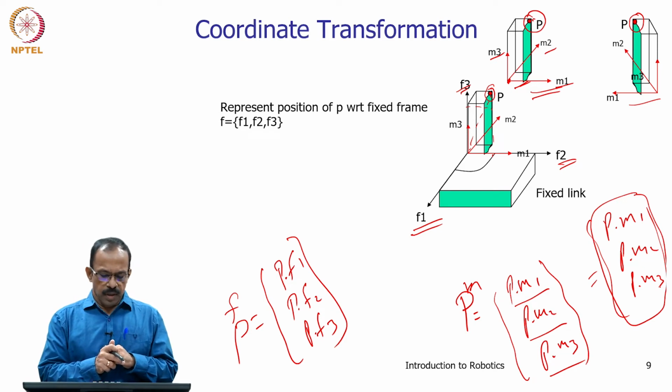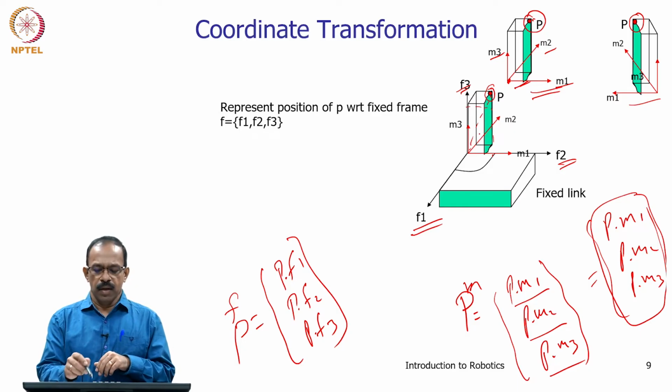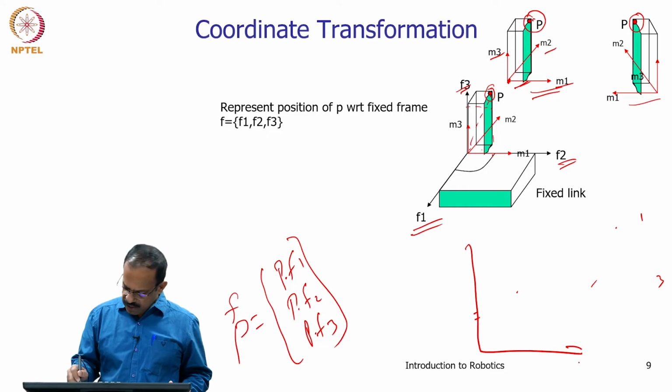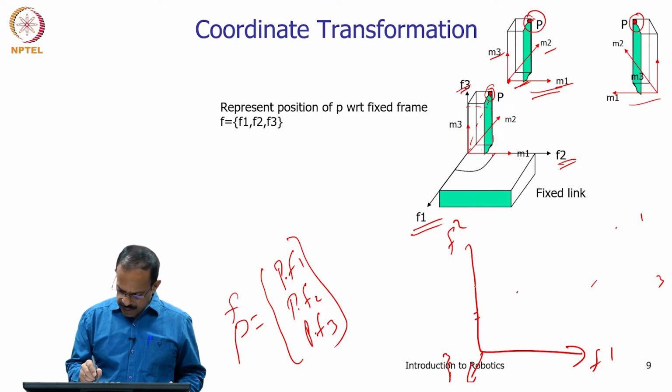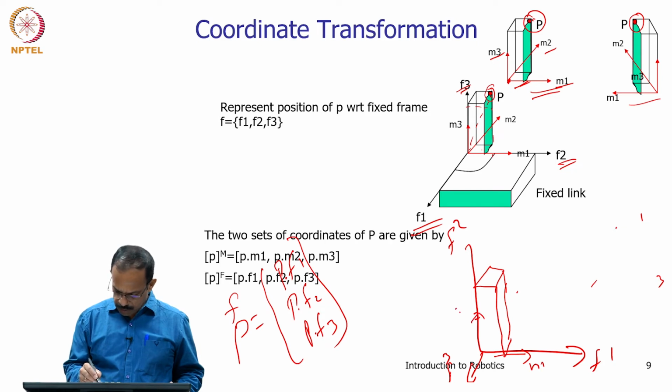Now, if I rotate this object by 90 degrees at this location. Initially we had this F1, F2 and F3, and we had this object and we had this M1, M2 and M3.